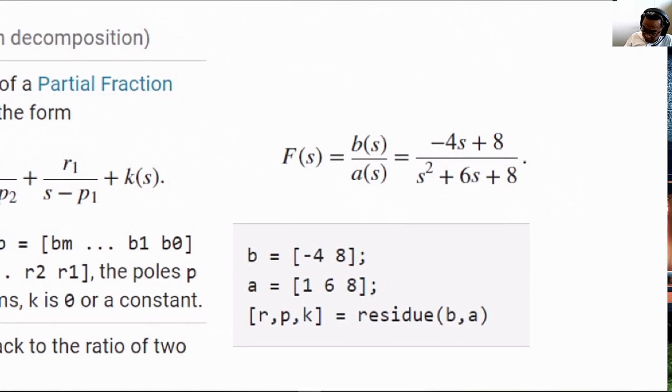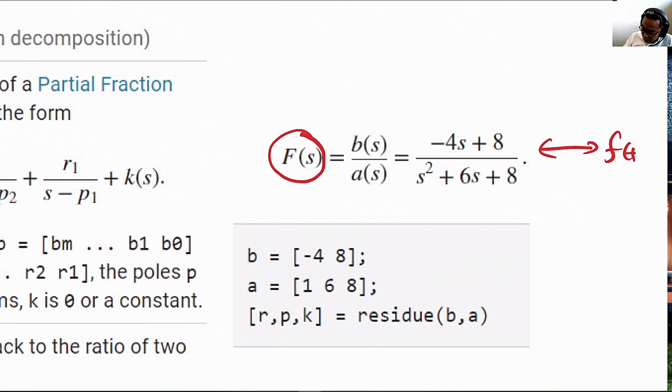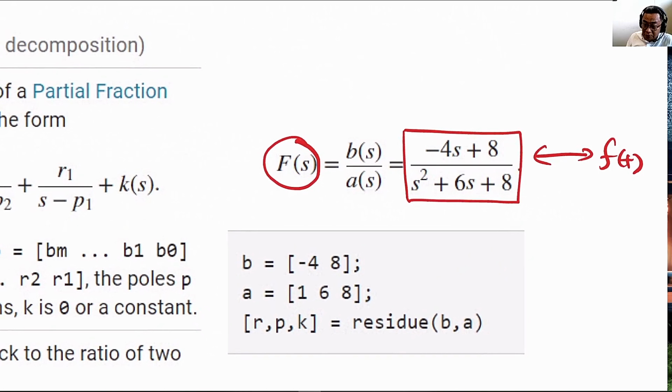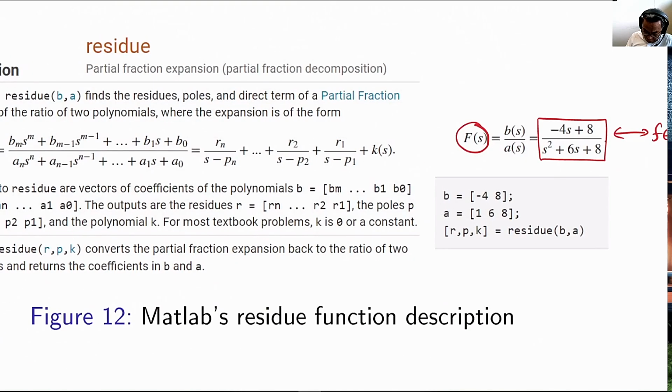So what happened? Well, typically we're given F(s) and we want to find f(t). So let's find f(t). How do we find f(t)? Our F(s) is given in a form that does not exist in the lookup table. What do we do? Well, we want to convert this form into a much simpler form.